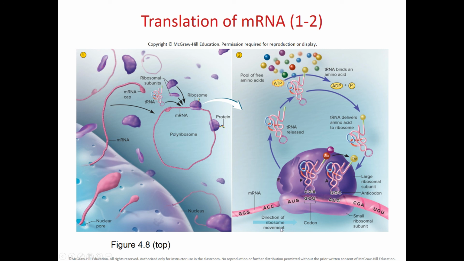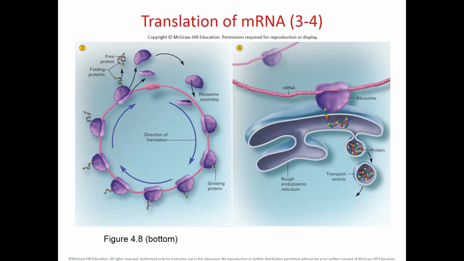So the direction of the ribosome movement will be from this part of the messenger RNA into the other one, and then the growing of the polypeptide chain is going to be on the opposite side. And that's how you start making your different proteins.